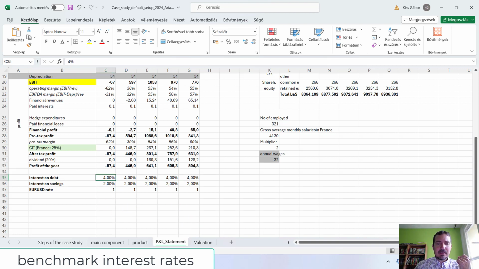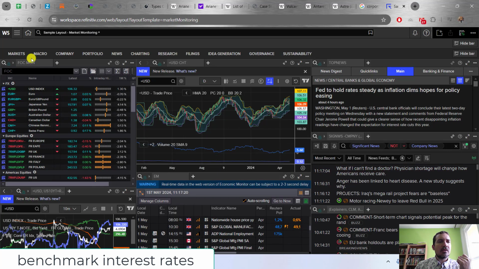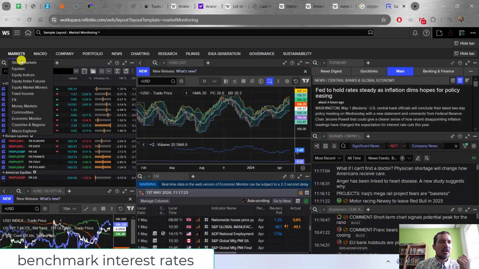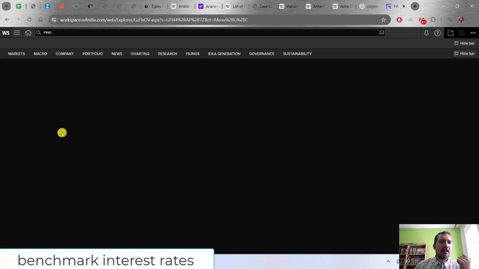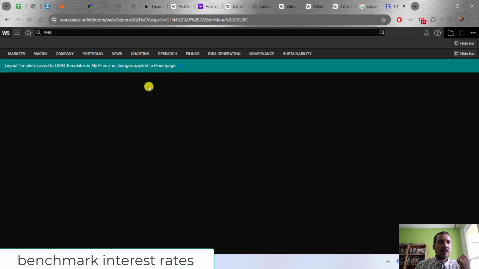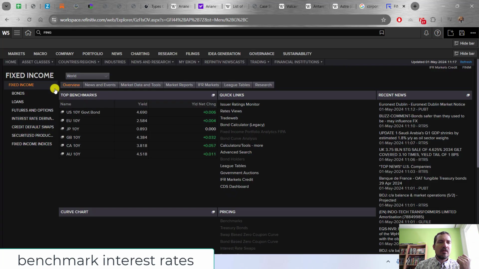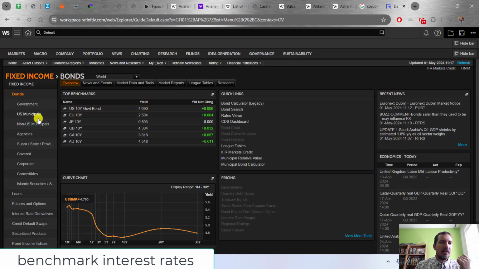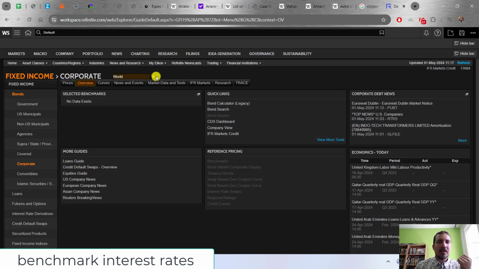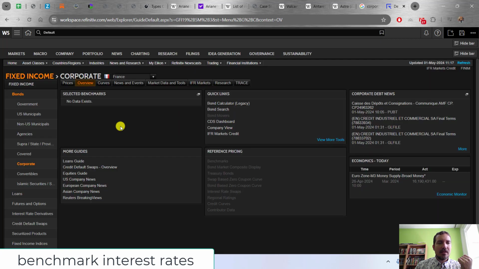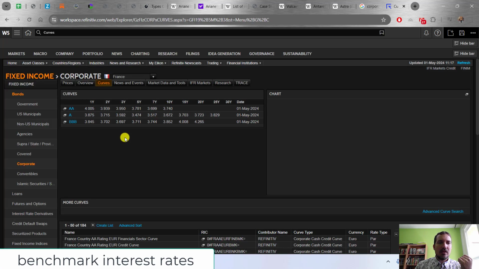In this case, we can use the Icon database, because we can just go to markets and fixed income markets, then bonds, then corporate bonds, obviously because it's a company, and this is a French company, and then we have to check for curves.